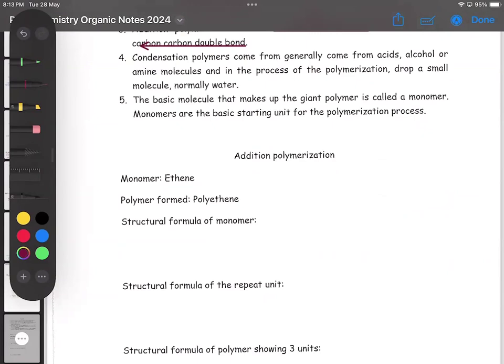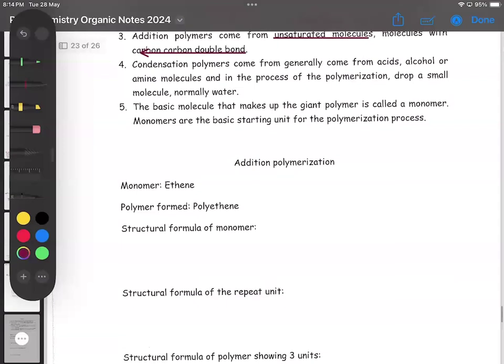To do addition polymerization, the most important thing is how you draw the starting molecule. The molecule that we use to make up the giant polymer is called a monomer. Monomer is the term used for the basic building block.